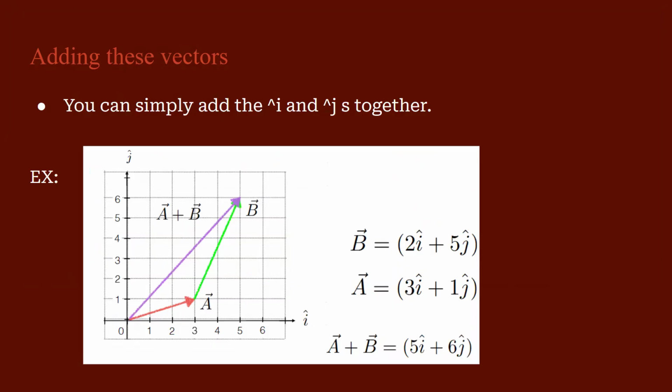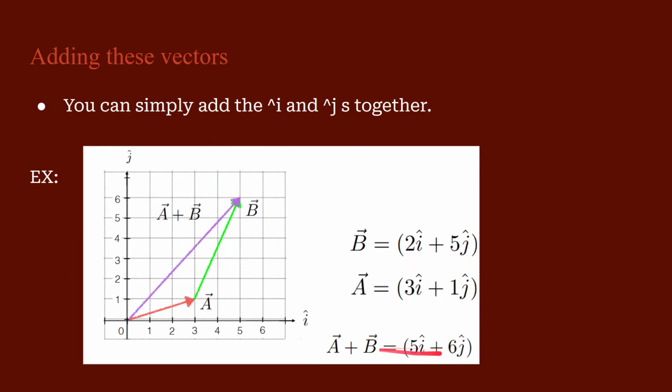All right. Now, you can also use this representation of vectors to add them. So we have the tip and tail method, right? But we can also just use this way. So you can see we did the tip to tail method as we learned, but look, we could have also just done this. 2 plus 3, 5, 5 plus 1, 6.